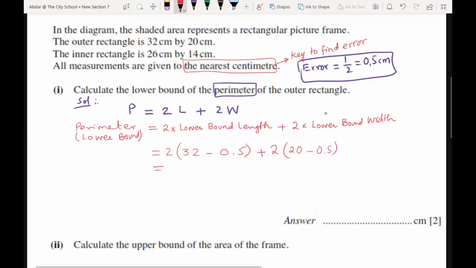Twice of 32 minus 0.5 is 31.5, plus twice of 20 minus 0.5 is 2 multiplied by 19.5. You can use calculator and enter all the values directly. So twice of 31.5 is 63 and twice of 19.5 will be 39.